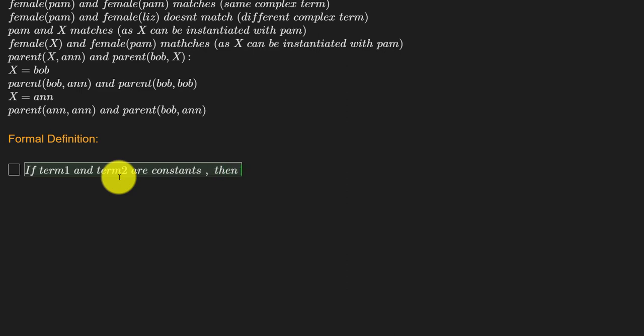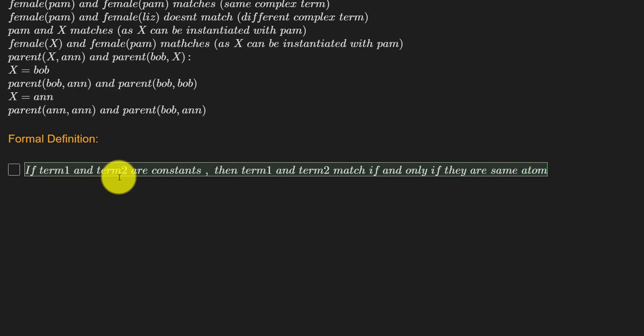Then term 1 and term 2 match if and only if they are the same atom, right?